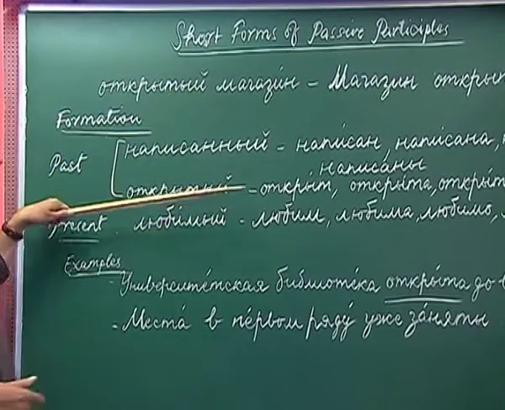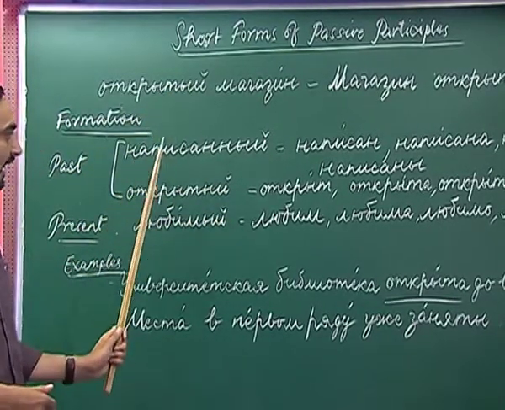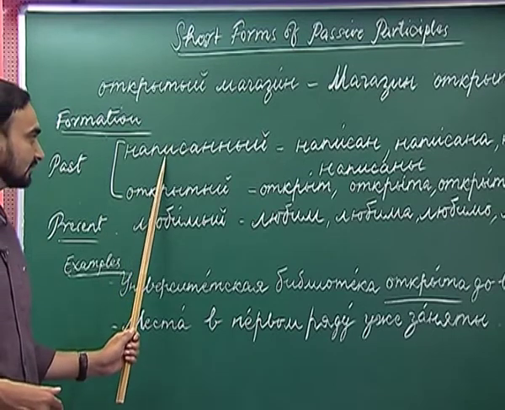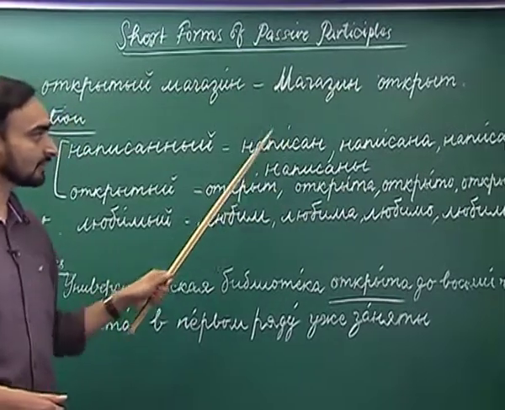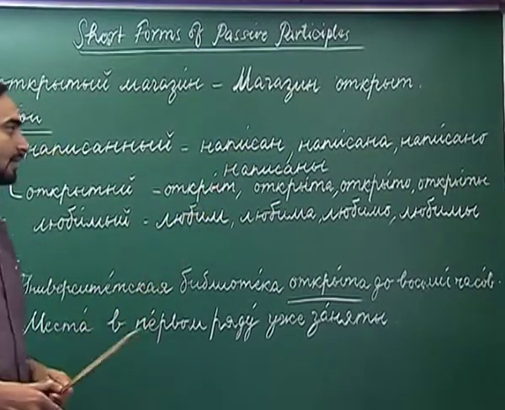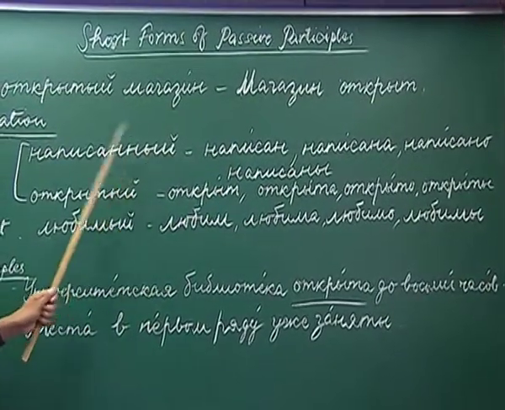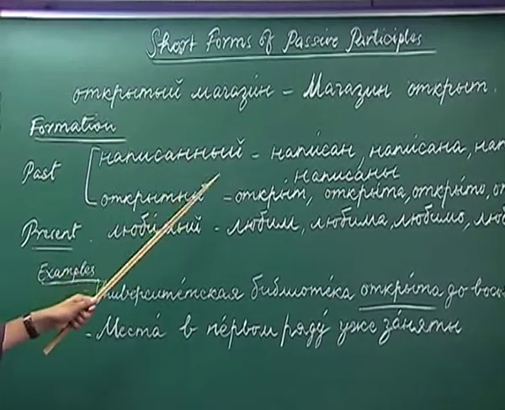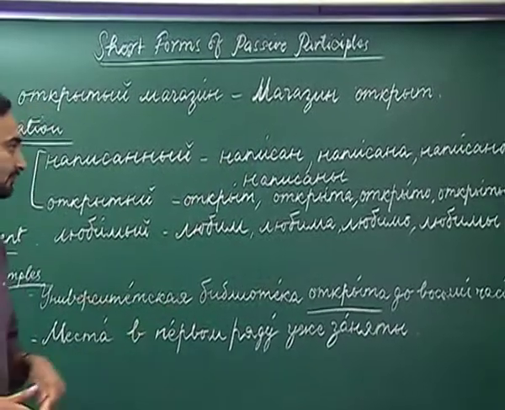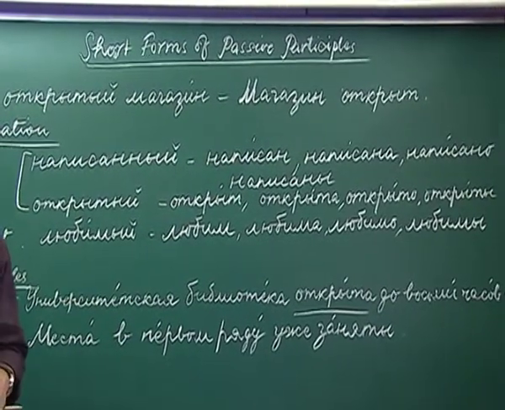For example, here as you can see, napisanni has stress on e. The same way, in all the short forms the stress is on e only, but if a passive participle past ends with yoni, then the stress changes. That we will discuss later on.